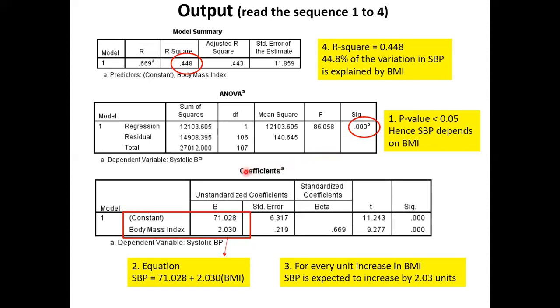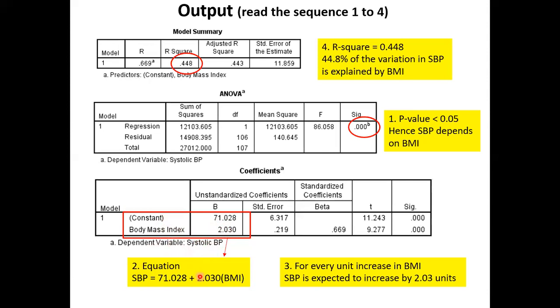Go to the coefficients table and write the equation, y equals a plus bx. Number two, write the equation. So BP equals, this is a constant, right here. This is a slope, right?